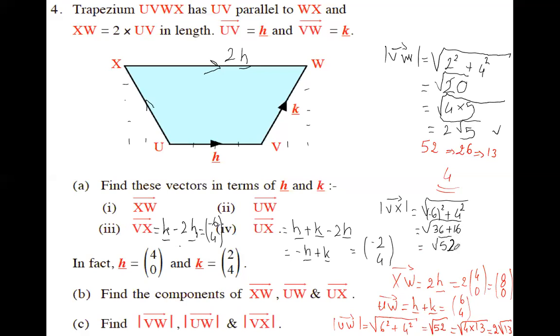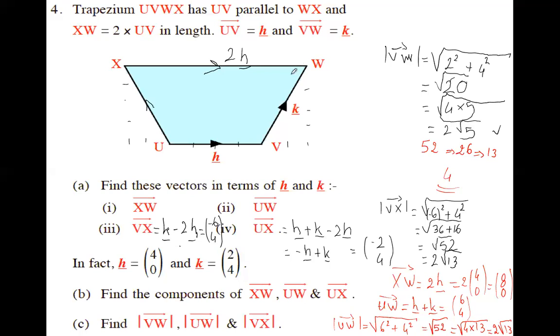And because we've already done root 52 somewhere, we're just going to use the same result as 4 times 13, which is 2 root 13. And you can quickly check that and say, oh, we've just found that the magnitude for VX is the same as the magnitude for UW.